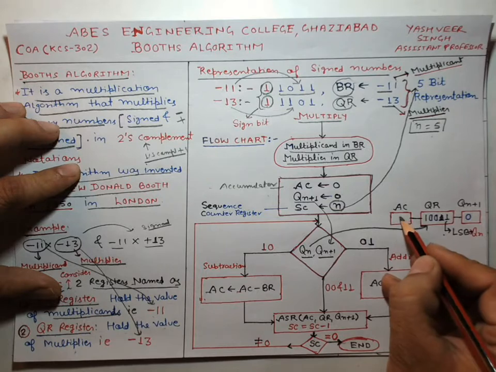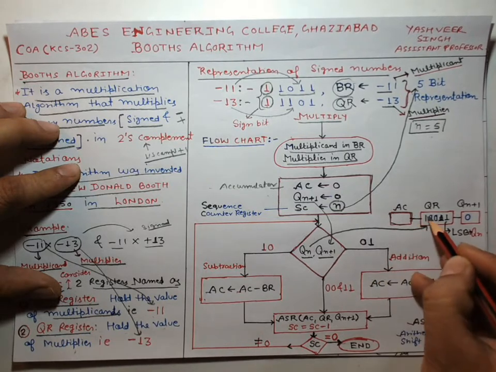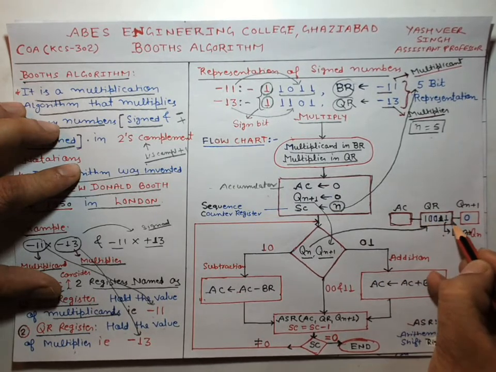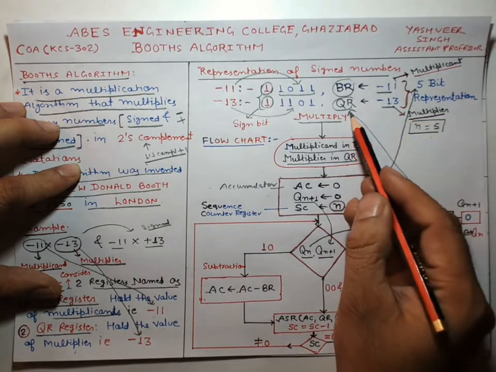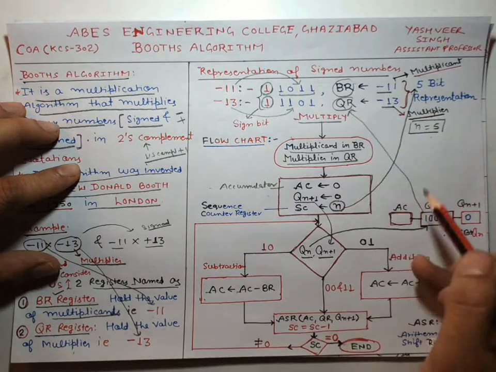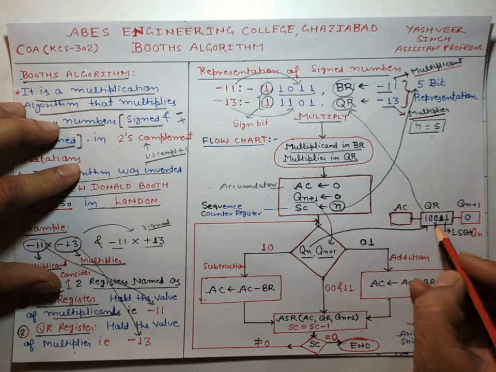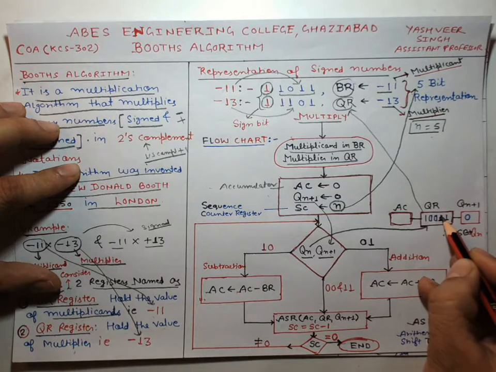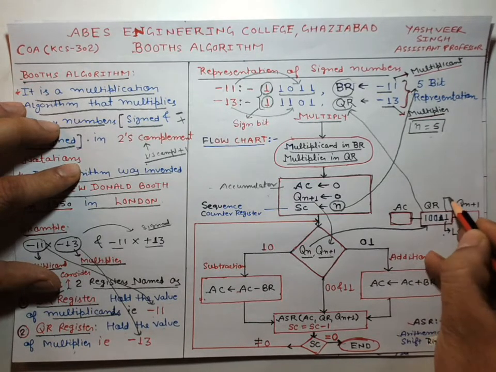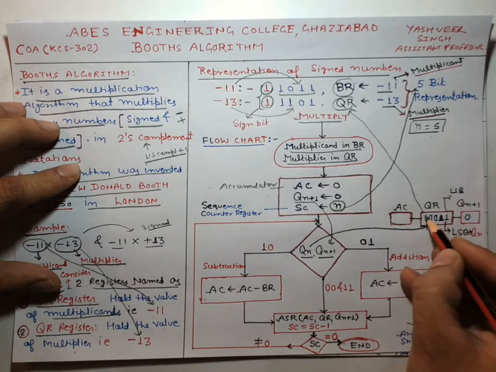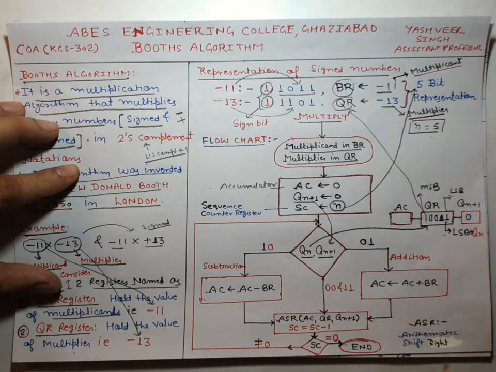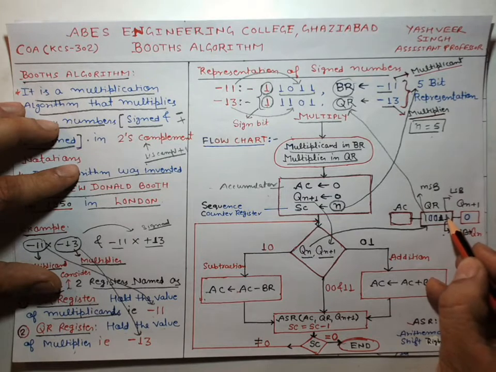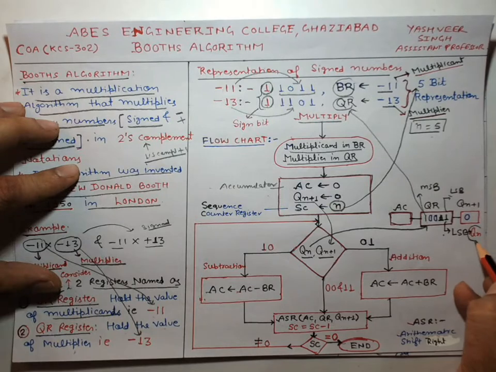This box is for the accumulator, and the next box is QR. QR means the multiplier. Suppose the 5 bits of the multiplier are 10011. This is the LSB and this bit is the MSB. The LSB of QR is Qn here.